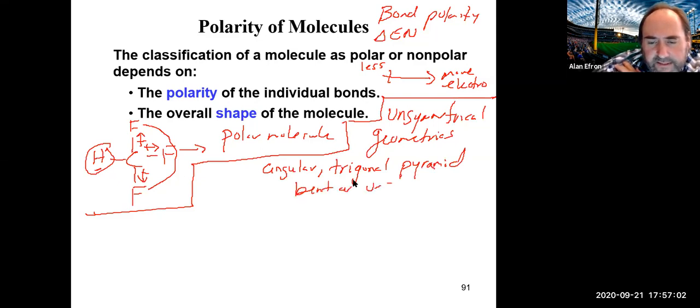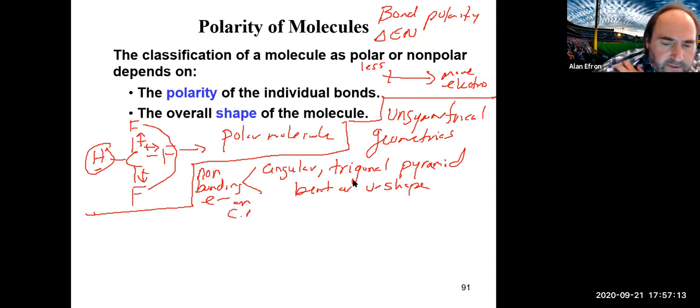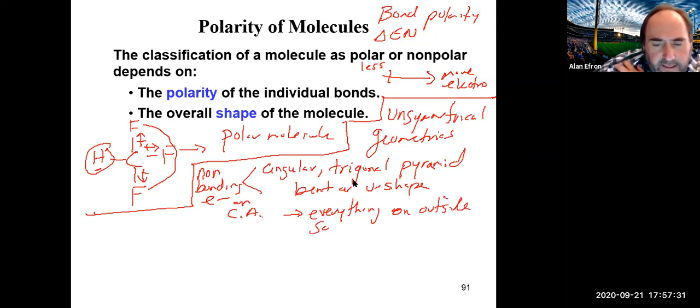And what all these guys share in common is if you draw the Lewis structure, you're going to see non-bonding electrons on the center atom. So non-bonding electrons on the central atom. Basically, you draw your Lewis structure, you see dots on the central atom. And if you see dots on the central atom and everything on the outside is the same in terms of the element, it will most likely be a polar molecule.